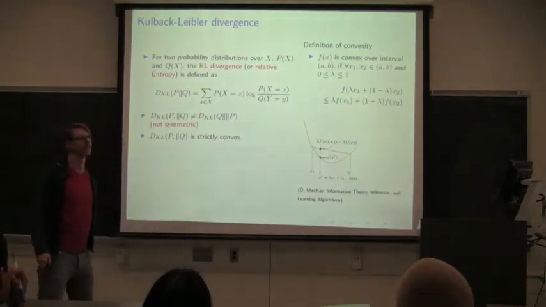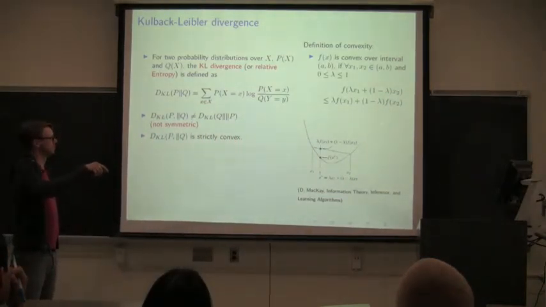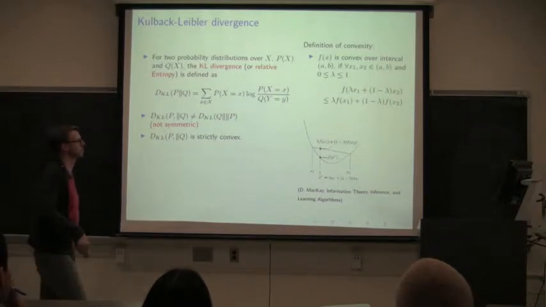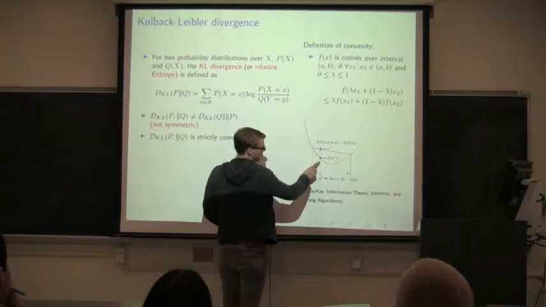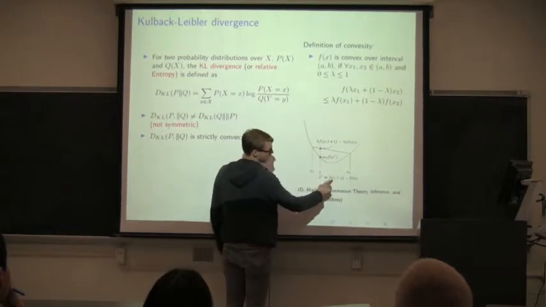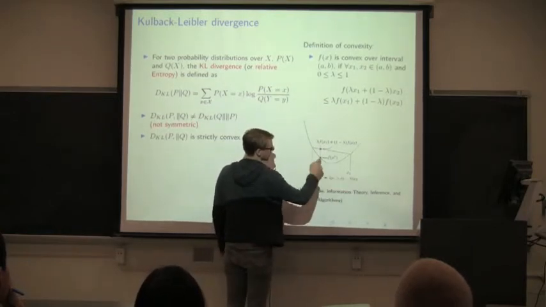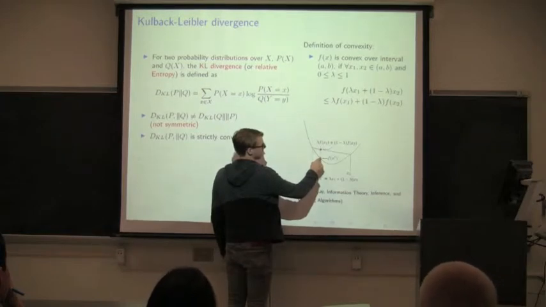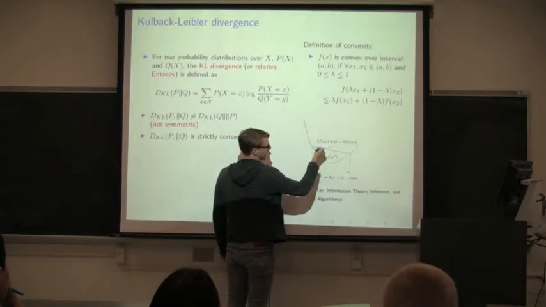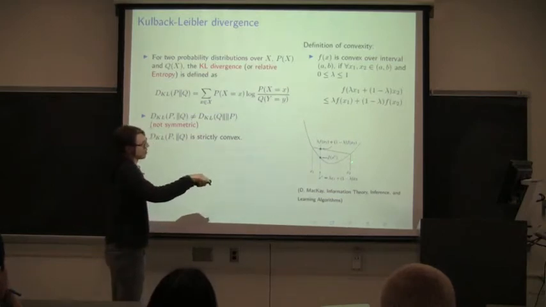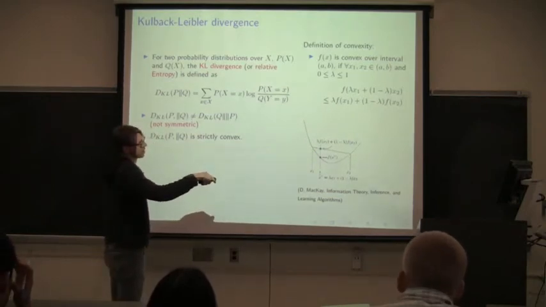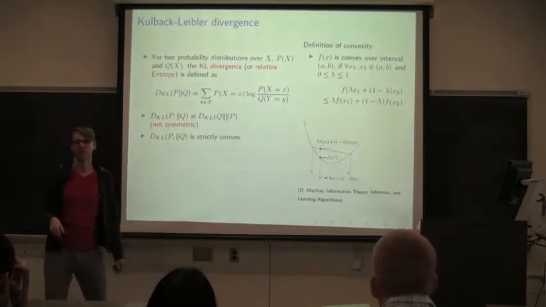So if x star is the weighted average of x1 and x2, and I evaluate the function, I will always get a smaller value than if I take the weighted average of the two function values. So the function will always be below these averages of the functions.